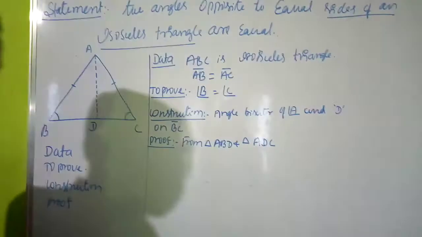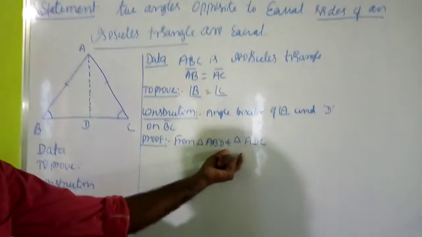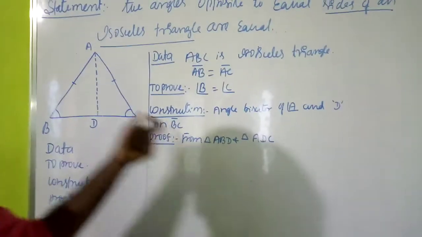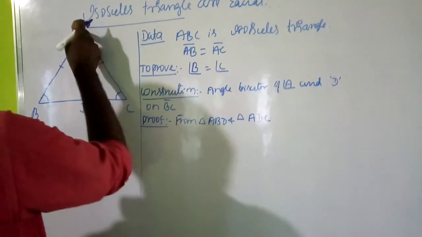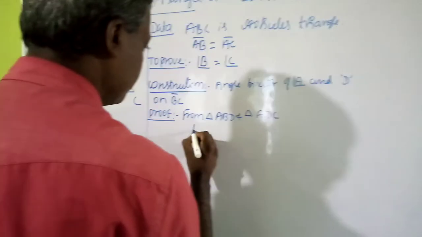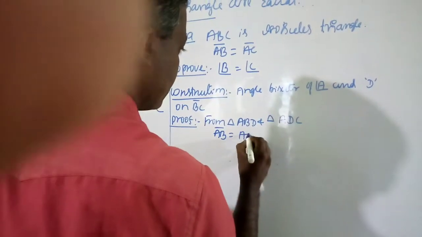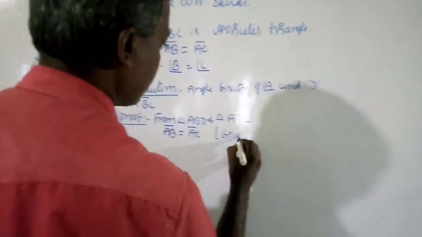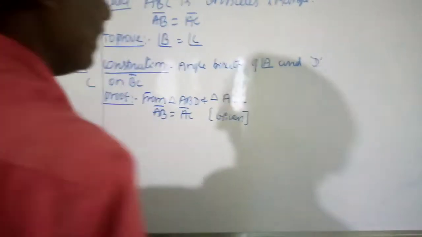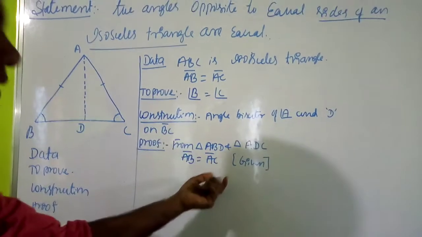Correct. So next, the comparison of these two triangles should give us some information. So let us see, what is it giving? First, side AB is equal to side AC. This is already given because these two sides are equal in triangle ABC. ABC is an isosceles triangle, hence AB is equal to AC.